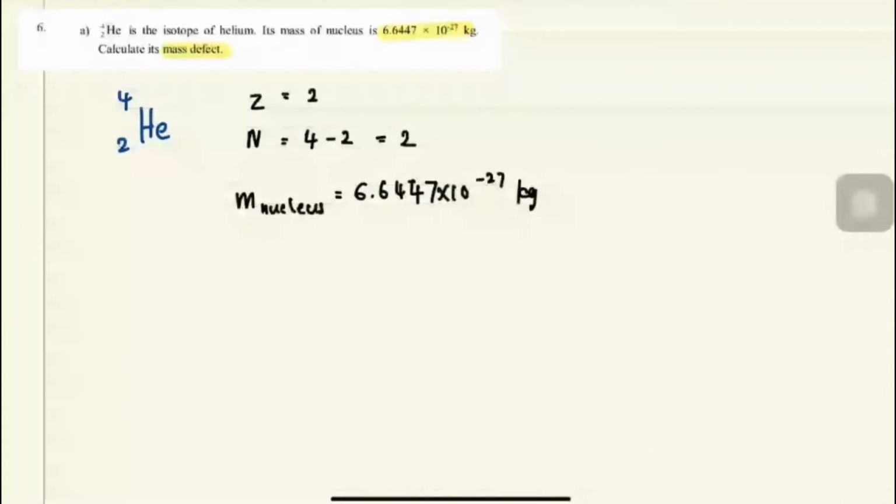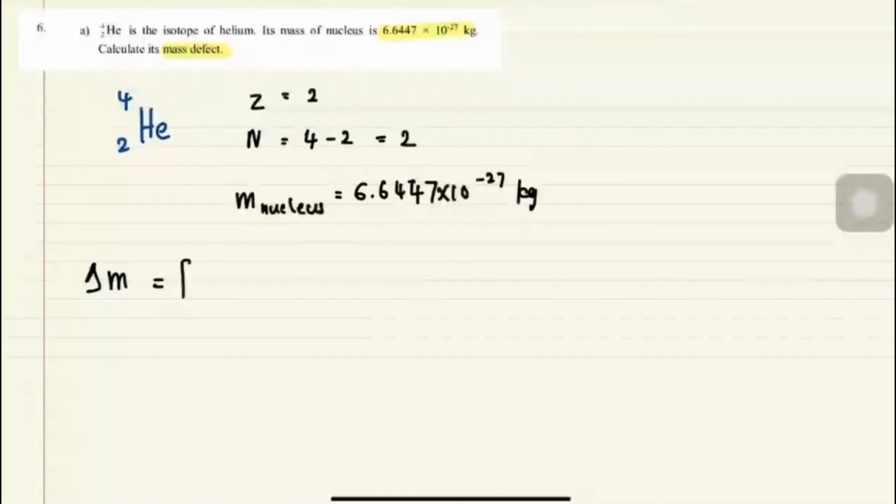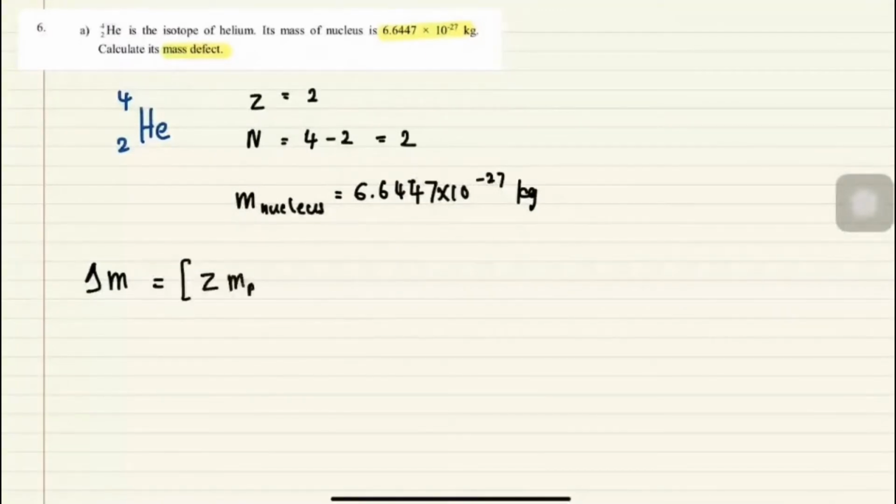Okay, now you want to find delta M, which is number of protons multiplied by mass of proton, plus number of neutrons multiplied by mass of neutron, minus mass of nucleus.